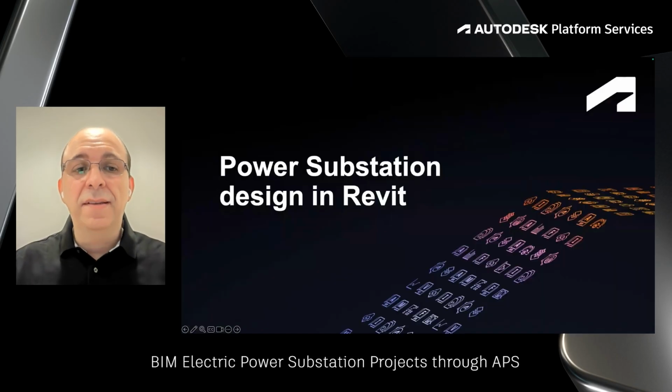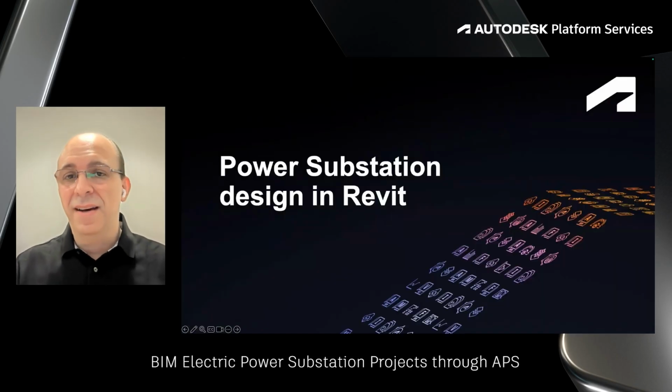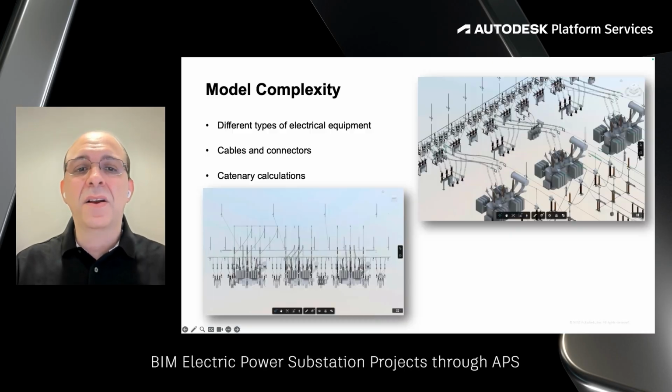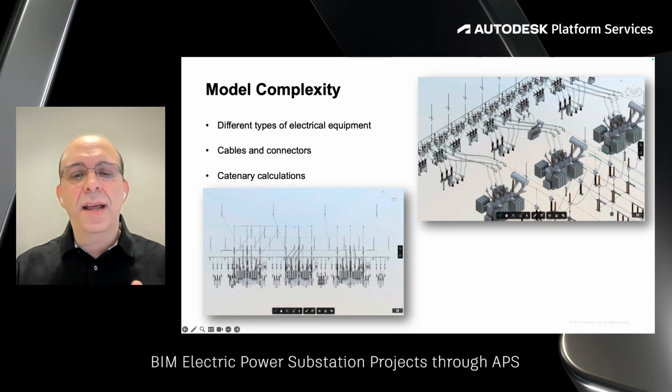So moving to the details about how this can be done using Revit, we started, of course, by analyzing the complexity of those models. As you can see here in this small example, we have lots of electrical components in a substation design. That includes transformers, electrical cabling, keys, isolators, and all these things.